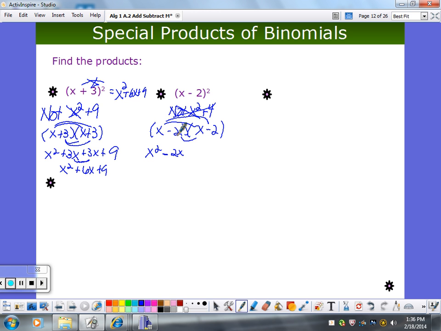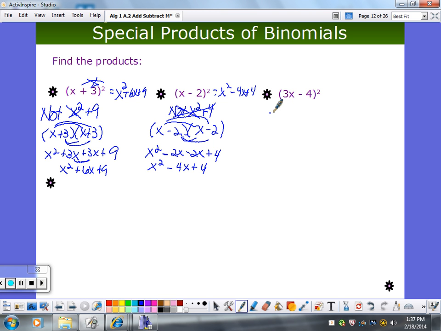Negative 2 times x. And then negative 2 times negative 2. Plus 4. And look at that. We can combine those very often. The OI and the FOIL can be combined. Negative 2x minus 2x is negative 4x. So this is x squared minus 4x plus 4.